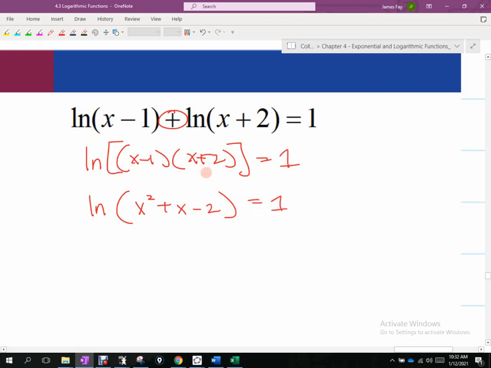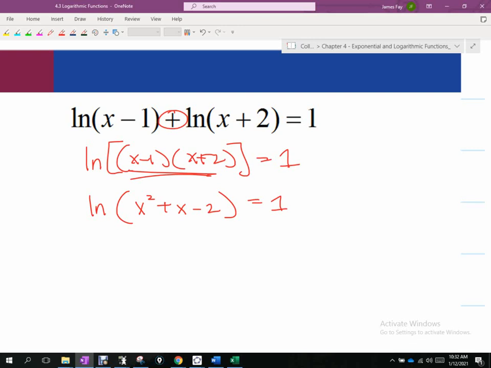Is that fair? You can either expand it now, or you can expand it after you apply the definition of logarithm and get rid of that ln. But regardless, you got to expand that x minus 1 times x plus 2 at some point, right?